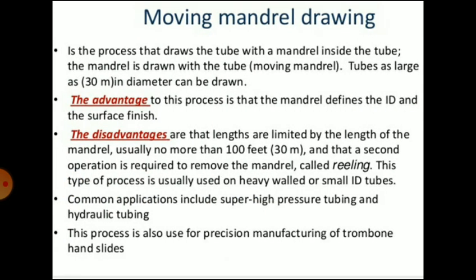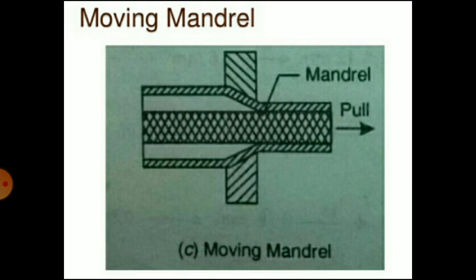Moving mandrel drawing is the process that draws the tube with a mandrel inside the tube. The mandrel is drawn with the tube, hence moving mandrel. Tubes as large as 30 meter in diameter can be drawn. The advantage is that the mandrel defines the ID and the surface finish. The disadvantages are that lengths are limited by the length of the mandrel, usually no more than 100 feet. So this is a moving mandrel.